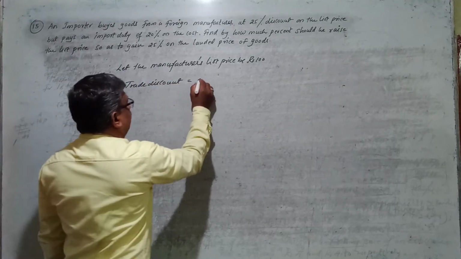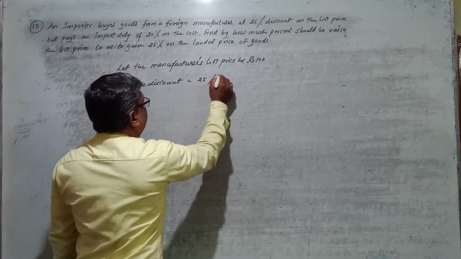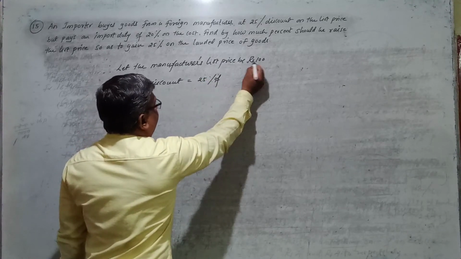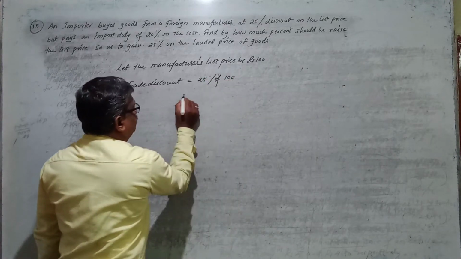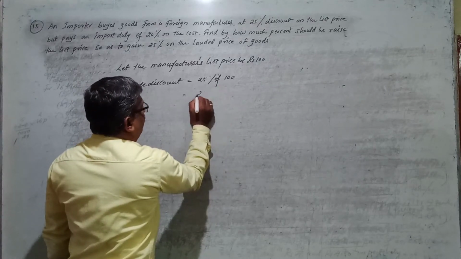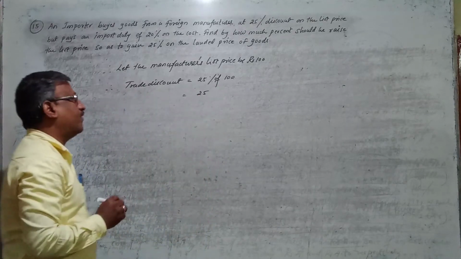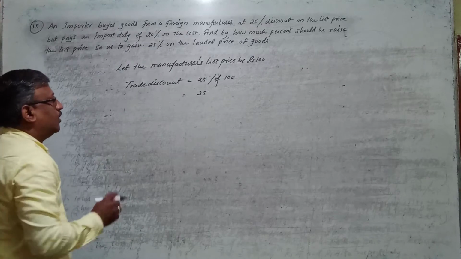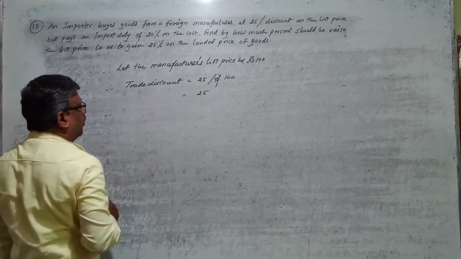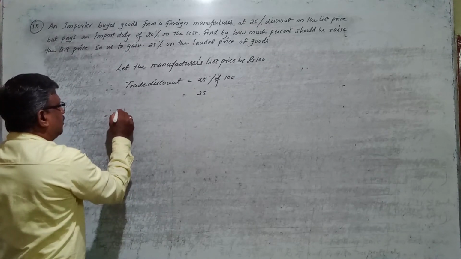So now you calculate the trade discount. Trade discount is equal to 25% on the manufacturer's list price. How much? 100 rupees. So 25% of 100 comes to how much? It is 25 rupees. So if the trade discount is 25 rupees, find out what should be the invoice price.